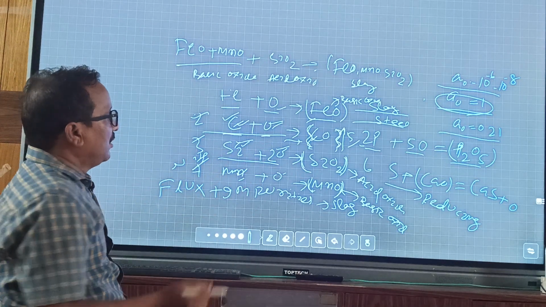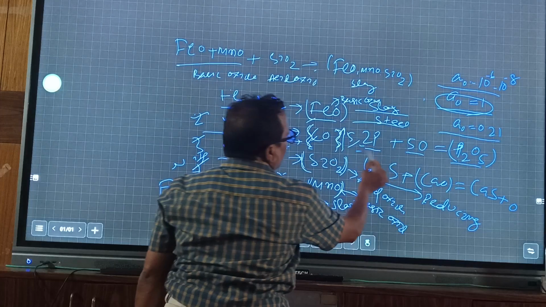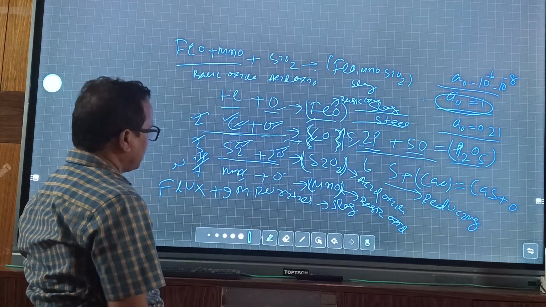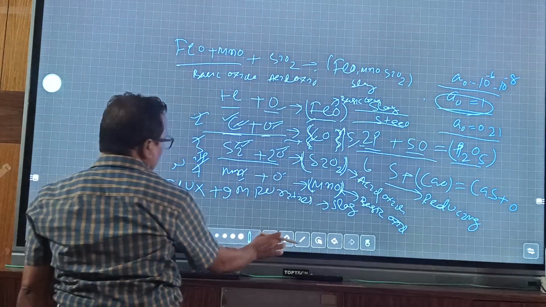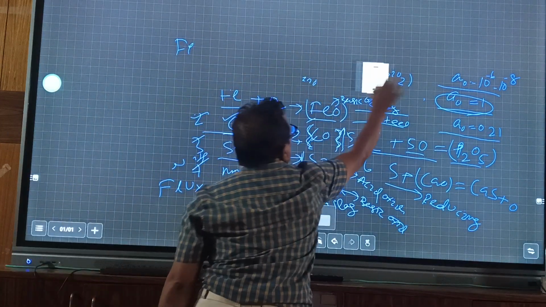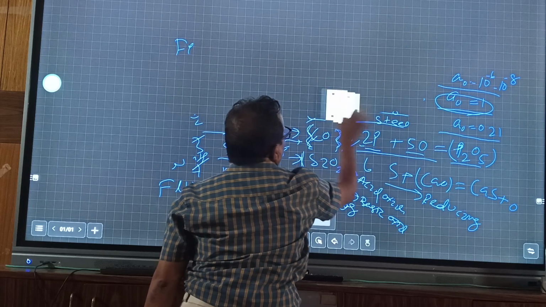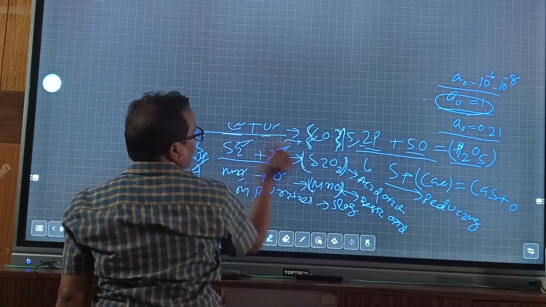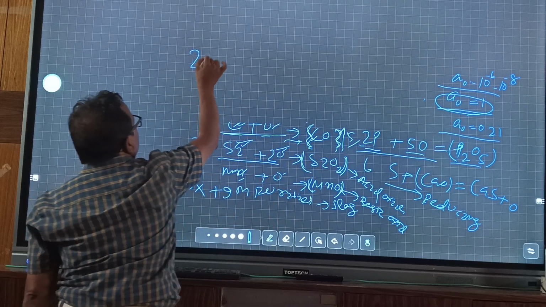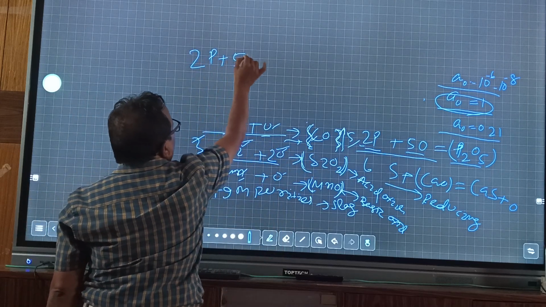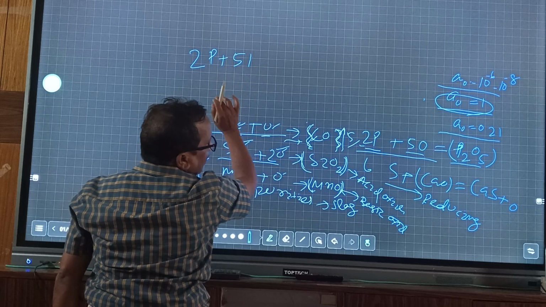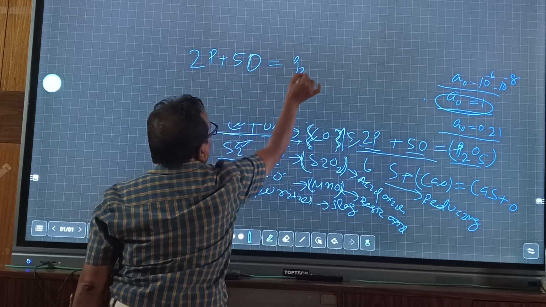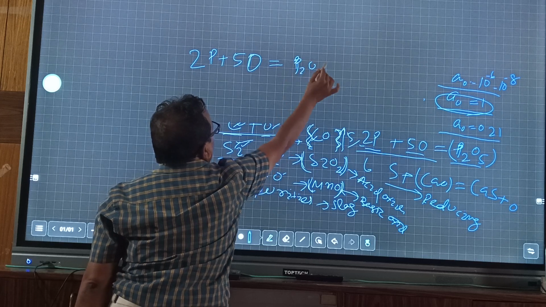The next stage is the removal of phosphorus. In the phosphorus reaction, 2P plus 5O forms P2O5.